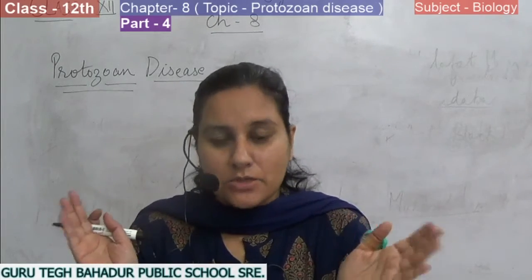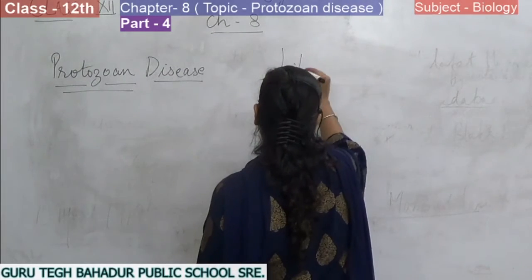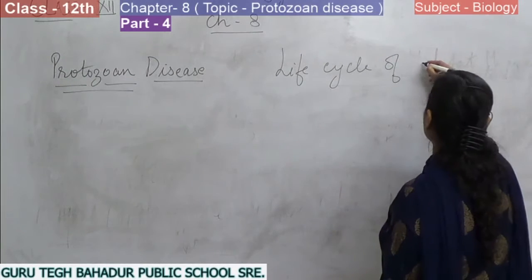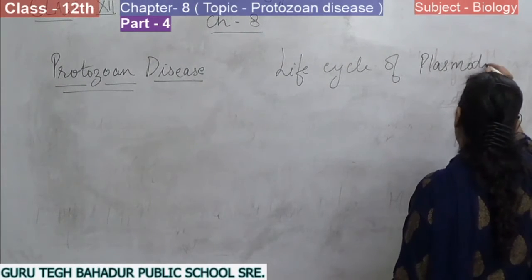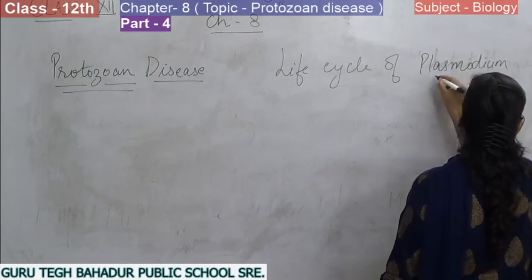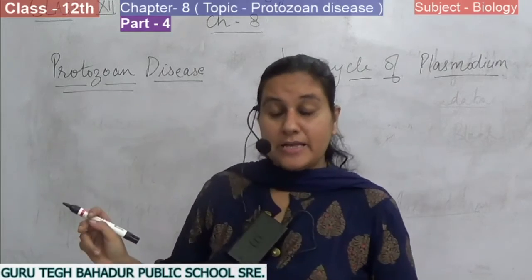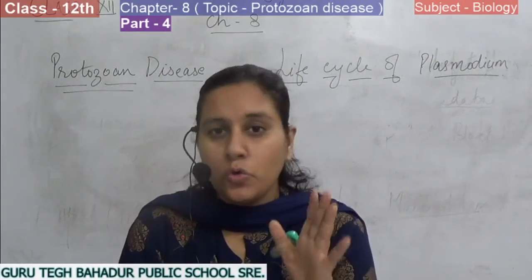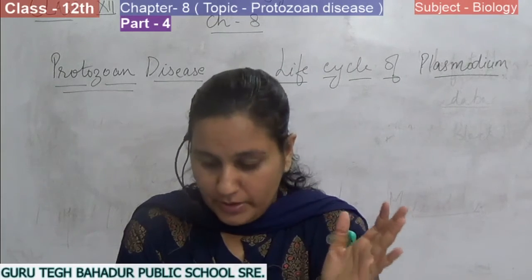So let's start with the life cycle of plasmodium. Here I show you this cycle in the form of a flow chart, step by step, so that you can easily remember it. As I told you, the plasmodium needs two hosts, one is the mosquito and another one is the human body.